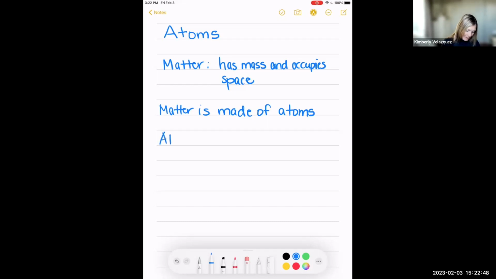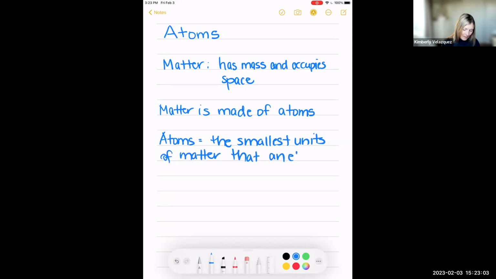So atoms are the smallest units of matter that an element can be broken down to, that retain all the chemical properties of that element.